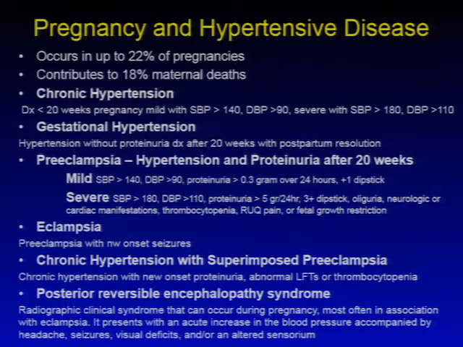There is also the posterior reversible encephalopathy syndrome, the radiological clinical syndrome that can occur during pregnancy, most often in association with eclampsia. And it represents an acute increase in blood pressure accompanied by headache, seizure, visual defects, or an altered sensorium.